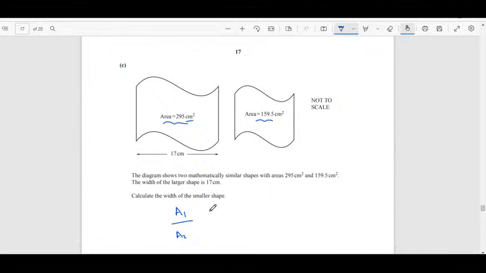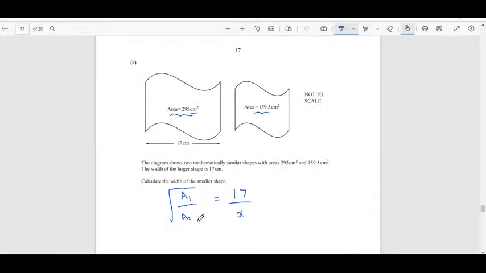Since this is the area, I would be taking the square root in this case. So this value would give me the fraction of the bigger triangle to the smaller triangle. So this would be equal to 17 divided by x. I need to find x. x would be the width of the smaller triangle.